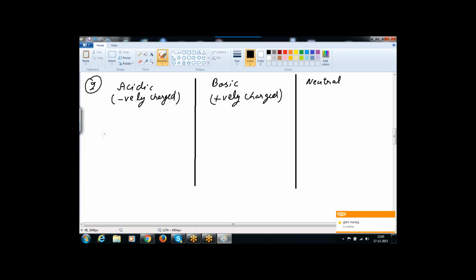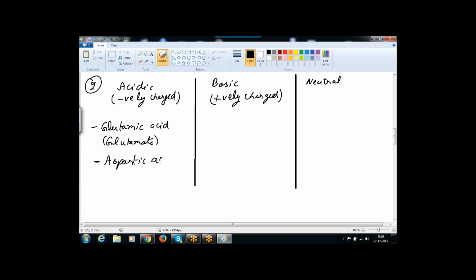Acidic amino acids are glutamic acid, which can also be called glutamate, or aspartic acid, which can also be called aspartate.